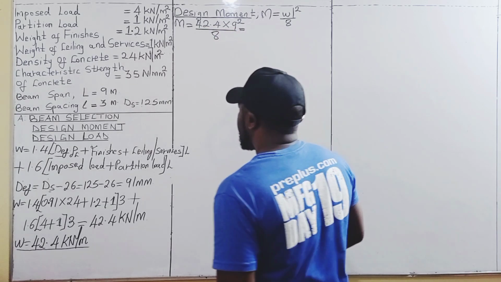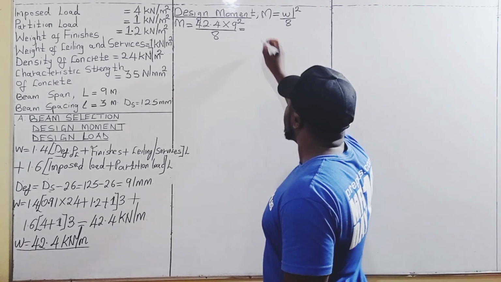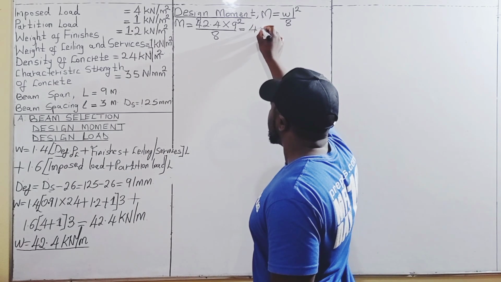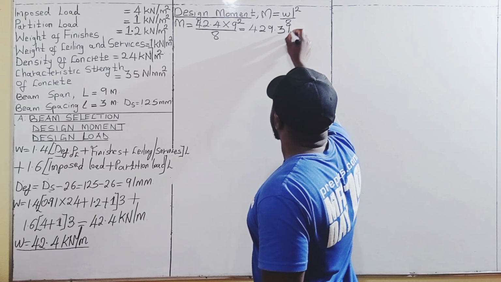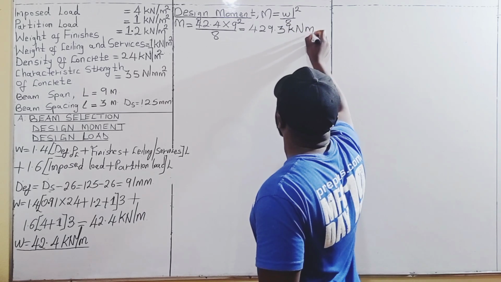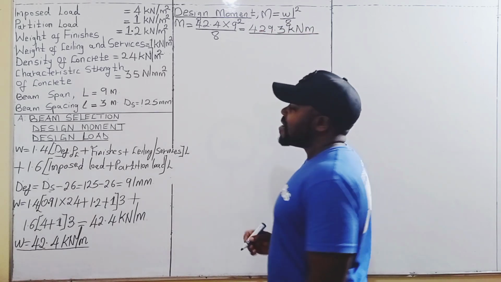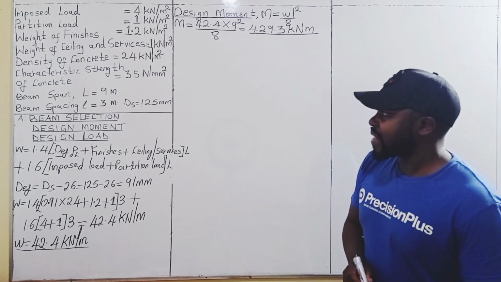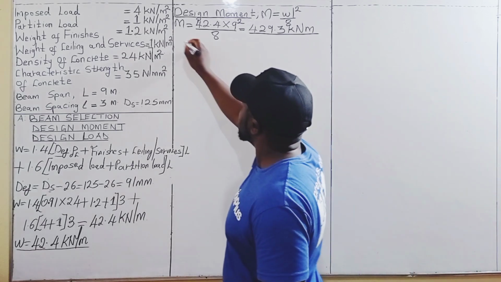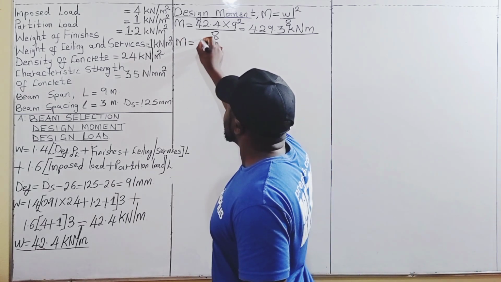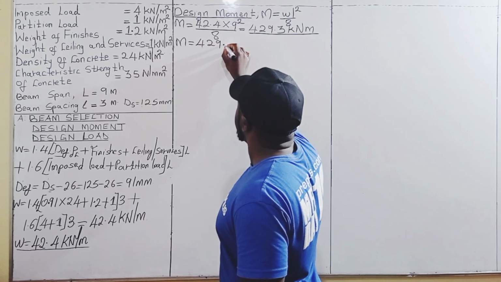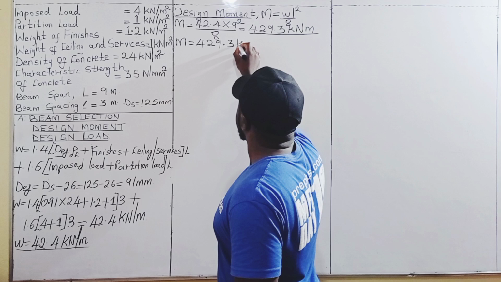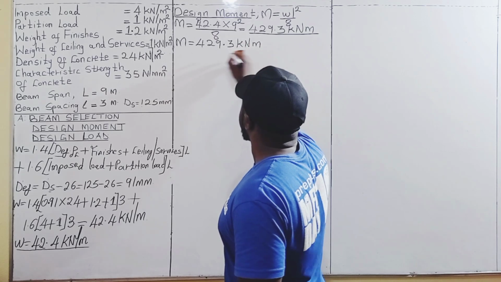And by doing so, we are going to get a design moment of 429.3 kilonewton meter. Therefore, the design moment is equal to 429.3 kilonewton meter.